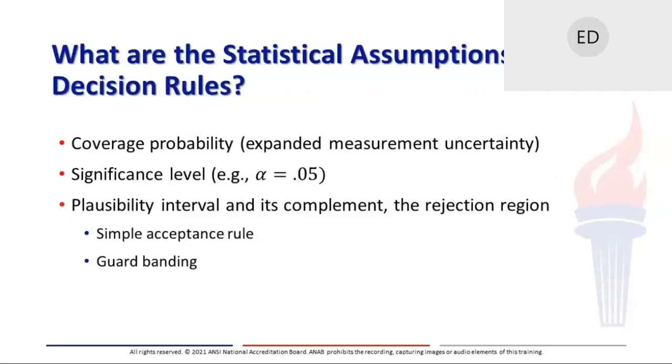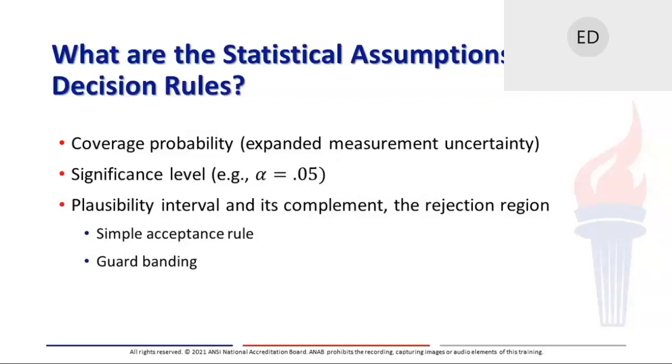You also have to think about any significance level that you might employ to determine if it meets or doesn't meet a specification, if it's within or not within tolerance, or if it's above or below a stated level of specification. So think about these statistical assumptions that we use. And I guess we first have to know what is a decision rule.